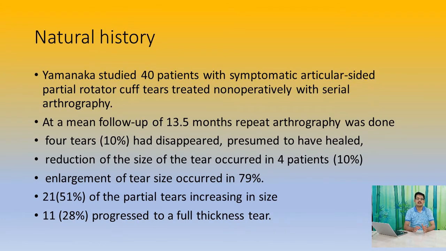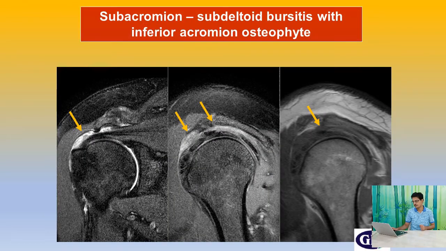So overall 20% had an improvement, but 80% had a gradual worsening of the tear. Around 28% of them proceeded to a full thickness tear, whereas around 51% of them increased in size. They remained partial thickness tears only, but they increased in size.